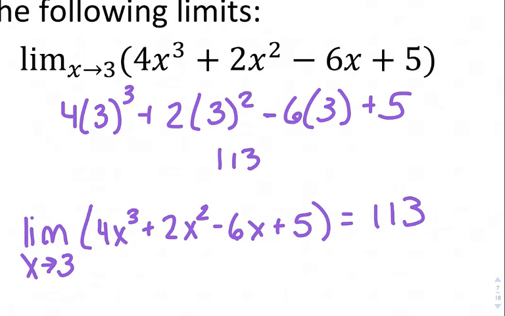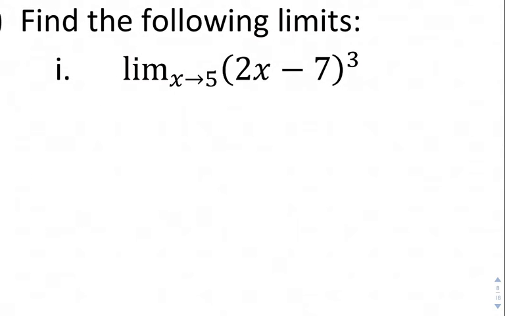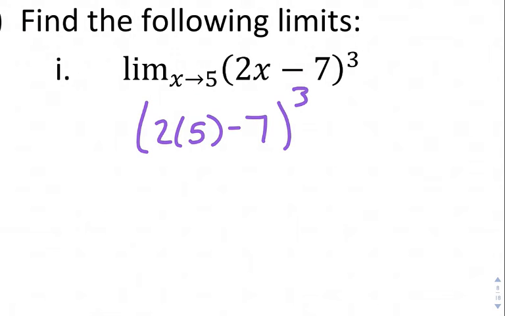On the next page is the power one. So limit of a power is kind of like limit of a polynomial. So what we're going to do is plug in our x value and then simplify and see what we get. So as the limit approaches 5 is my x value, so I'm going to plug in 5 for any x I see and then simplify. So I have to do what's in parentheses first.